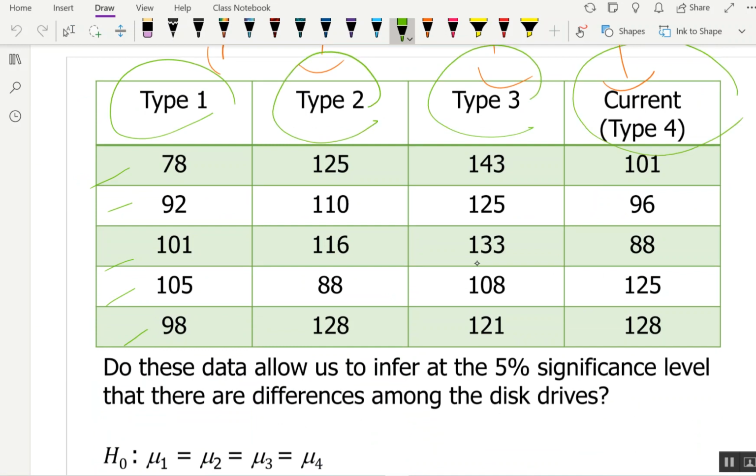So your treatment count is K equals 4. Your n is 5 plus 5 plus 5 plus 5, so your n is basically 20. This is what you can list out first.